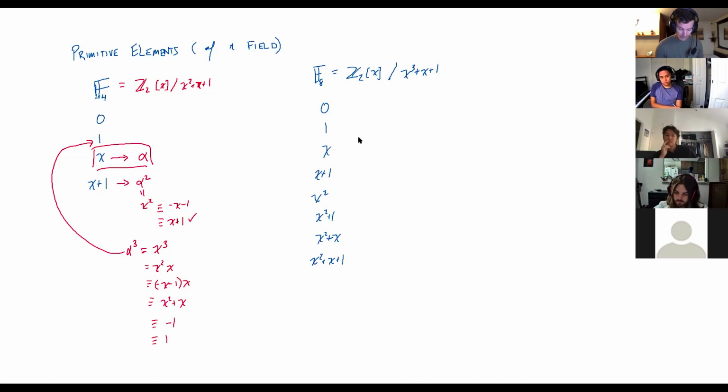Let's start by renaming this element alpha. If I were to square alpha, where do I land? Do I land on another field element? It's right there, x squared.